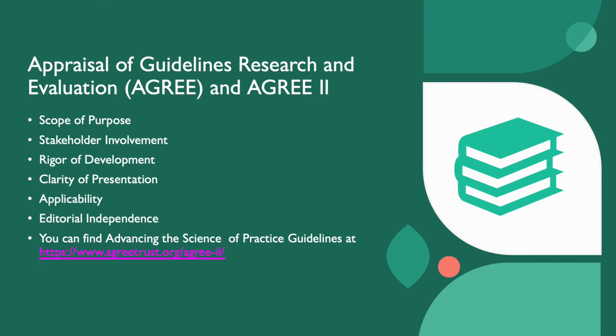The purpose of AGREE II is to provide a framework to, first, assess the quality of guidelines, two, to provide a methodological strategy for the development of guidelines, and three, to inform what information and how information ought to be reported in guidelines. As with the original instrument, AGREE II is designed to assess guideline development by local, regional, national, and international groups or affiliated government organizations.